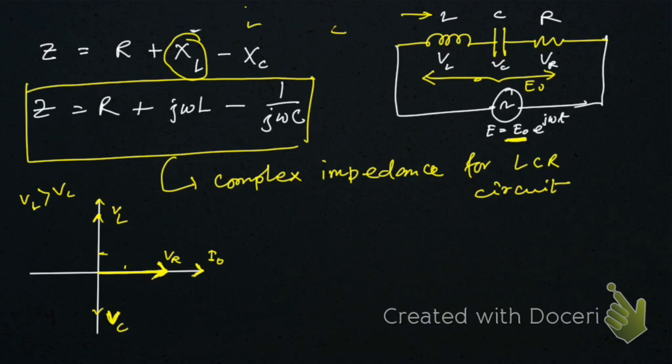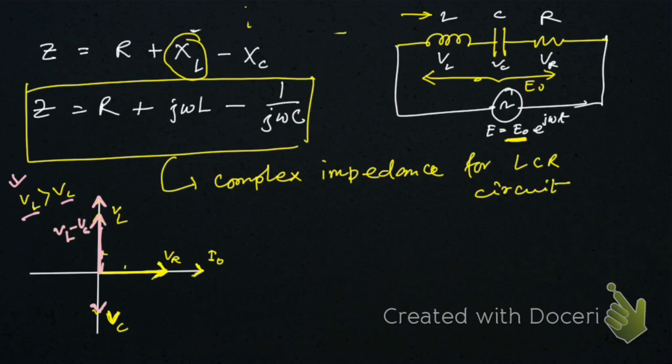Now here you see how to draw the phasor for E naught. If VL is greater than VC, VL and VC are in opposite directions. If you subtract, as VL is greater, then the resultant should be along VL. So this is VL minus VC, right?